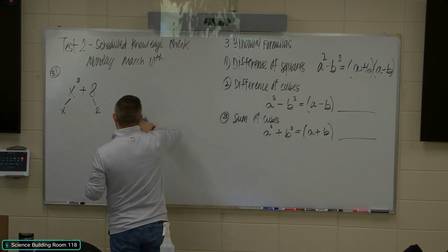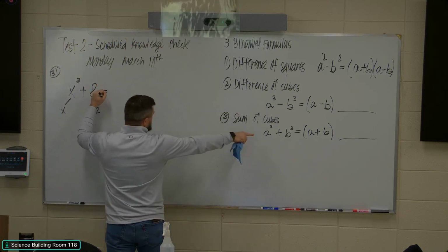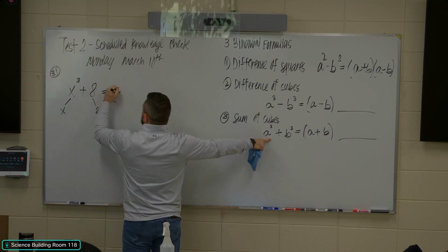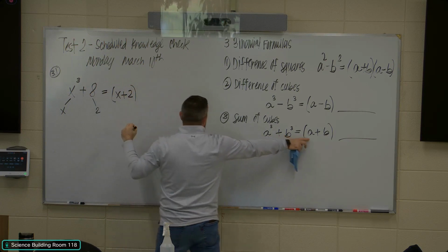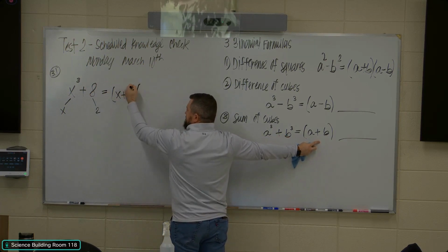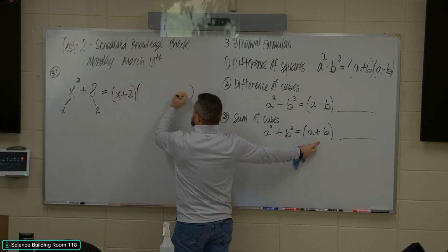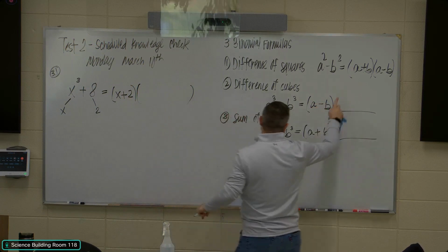Once I know those cube roots, and again, this is a sum of cubes, I write them down. I add them together. This is what I've done so far. I've added them together. And there's about to be a trinomial that comes after this, okay? And I'm going to tell you that right here.